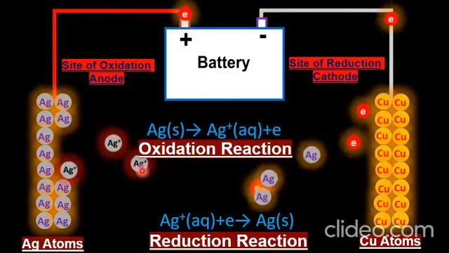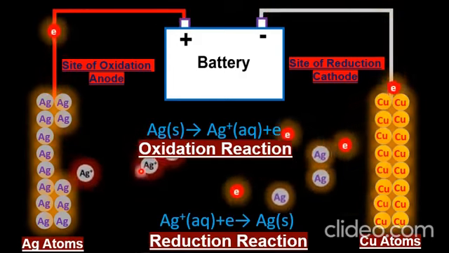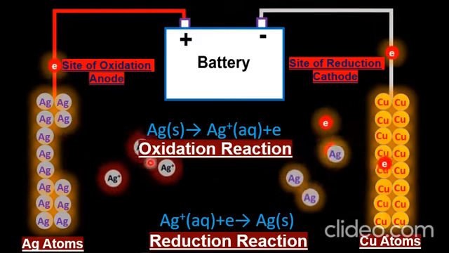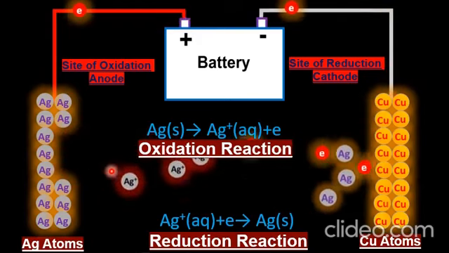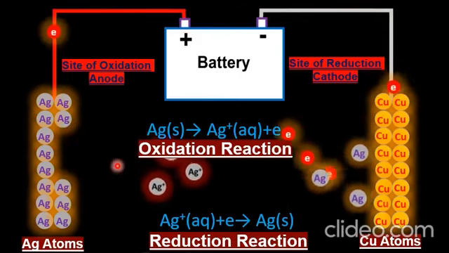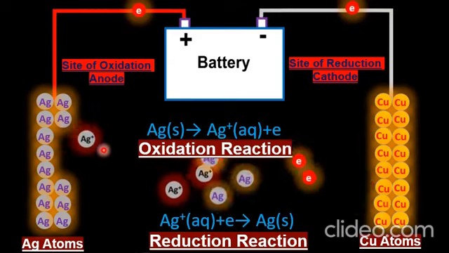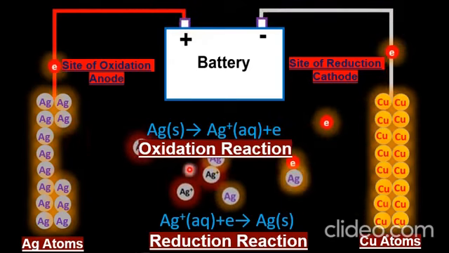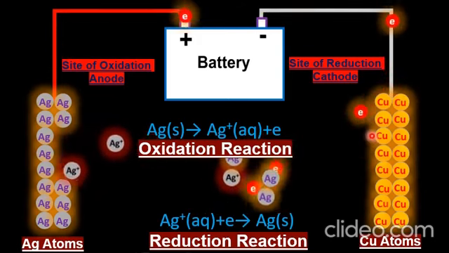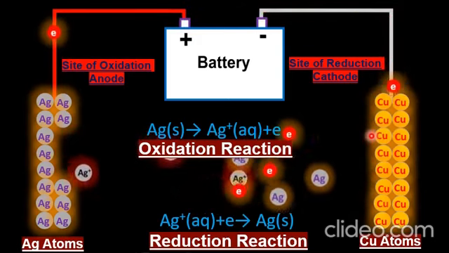In this way, the circuit is completed in an electroplating cell, and after completion of the circuit, the transfer of neutral atoms onto the surface of another metal becomes possible, and deposition takes place in the form of a thin film on the surface of the other metal plate.